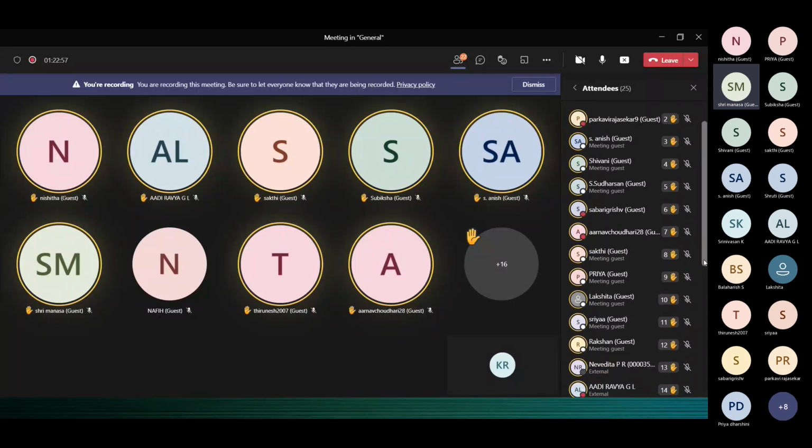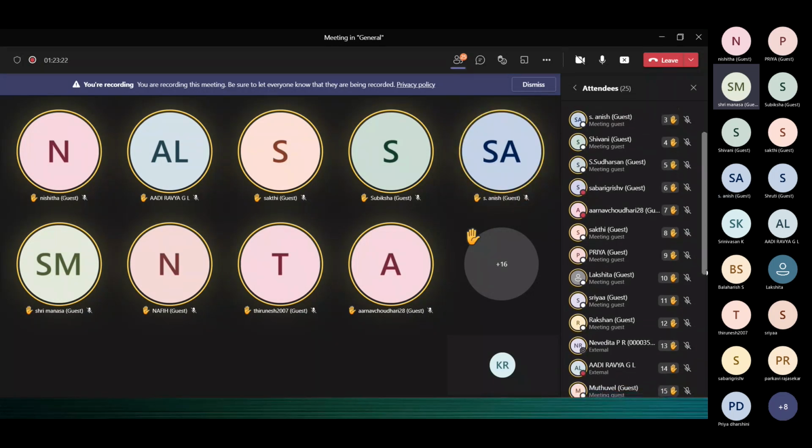Srinivasan, Parkavi, Anish. Anish, you did not submit yesterday's classwork. Please submit yesterday's and today's classwork by today. Okay, ma'am.